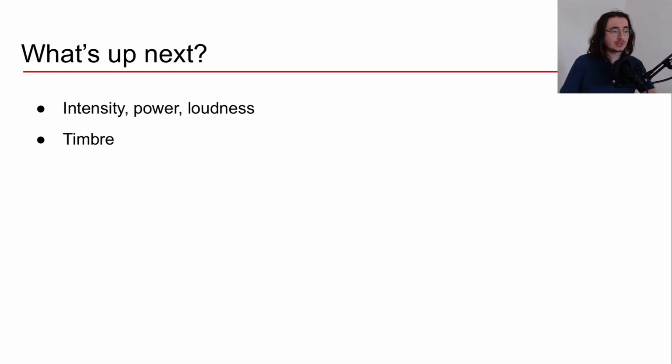Precisely, we're going to talk about intensity, power, and loudness, which are all features that are somehow correlated or connected with the idea of amplitude. And then we'll also venture into a very cool topic, which is timbre, the timbre of sound. This is a very difficult one to grasp, because it's very nuanced, very ambiguous, I would say, and subjective.